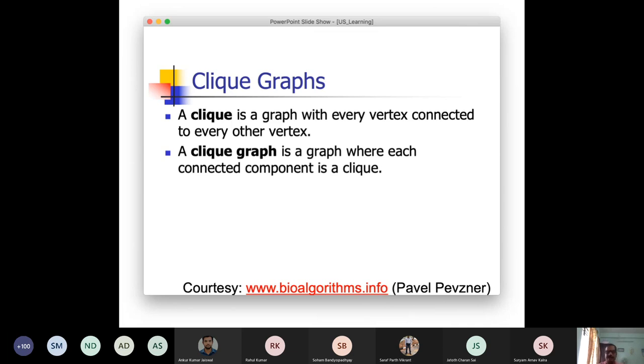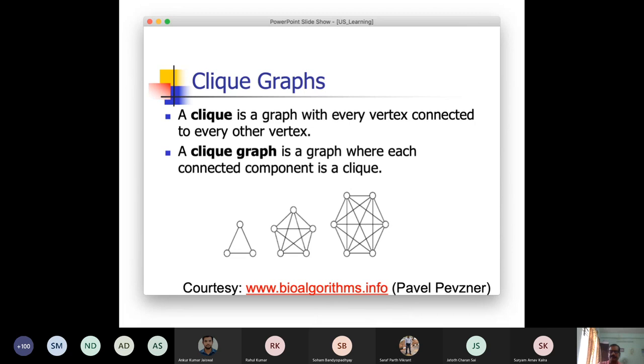So that is the difference, right? So we call a graph a clique graph if we find its connected components are cliques. For example, you consider this. See, every component here is a clique. Now, in isolation, they are of course clique graphs.